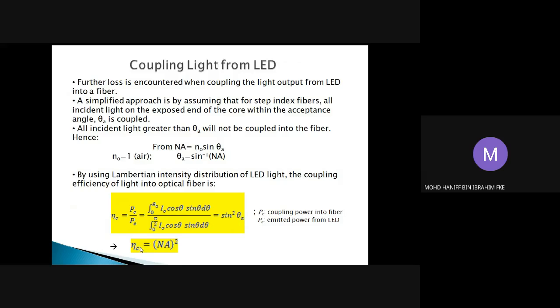So the coupling efficiency for light from the LED to the optical fiber can be calculated as NA squared. That should be the coupling efficiency of the light from the LED to the optical fiber.